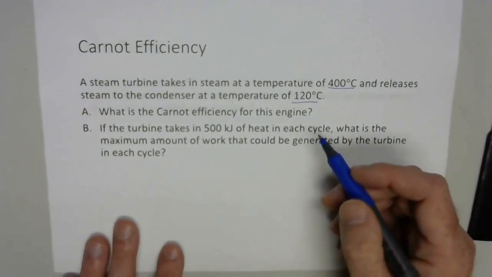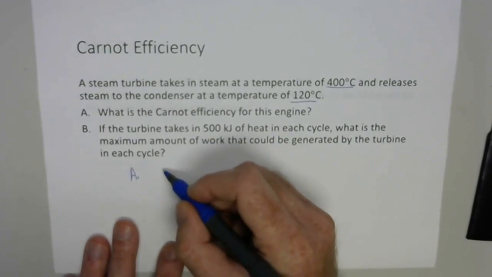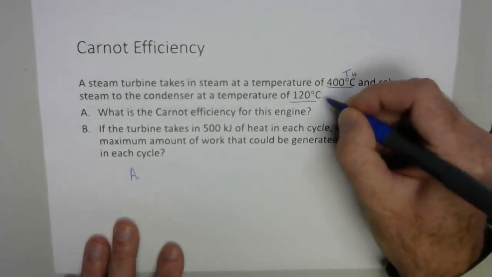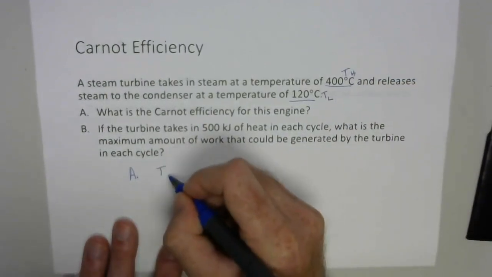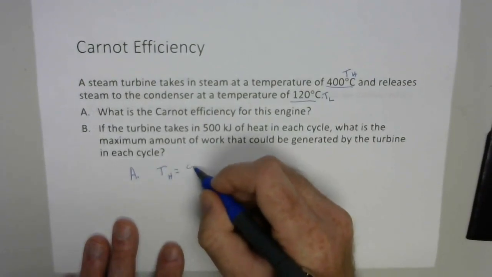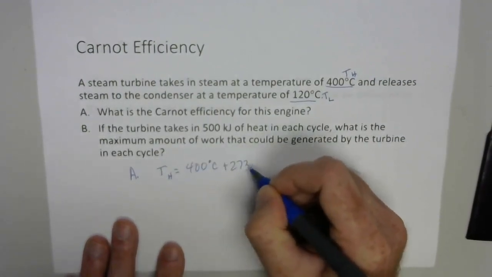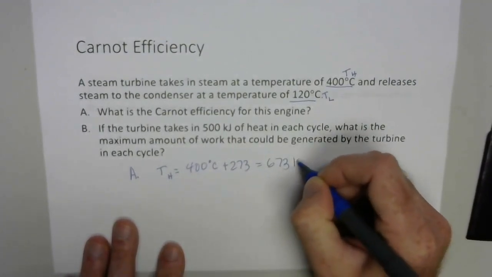But for the Carnot formula to work, we need to convert those temperatures to Kelvin. So we'll call this TH, we'll call that TL. So TH equals 400 degrees Celsius plus 273, which will be 673 Kelvin.